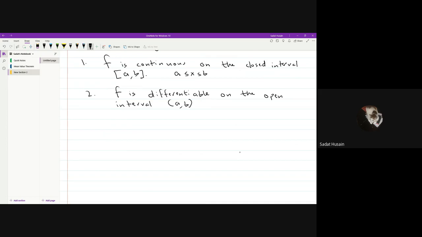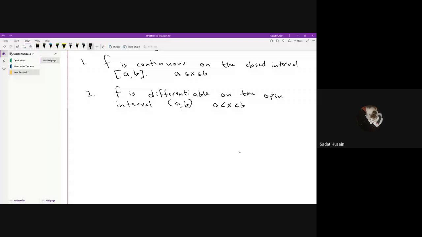Okay, so what is the difference between the closed brackets and these round brackets? These round brackets indicate that x is between a and b, but x cannot be equal to a and b. Yes, sir. Right. So that's the only difference.